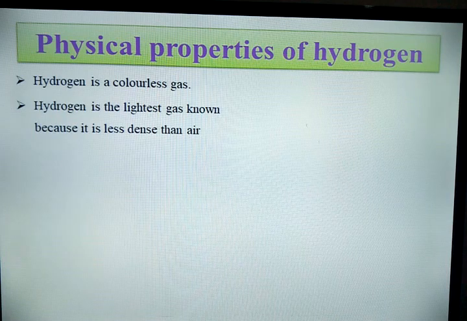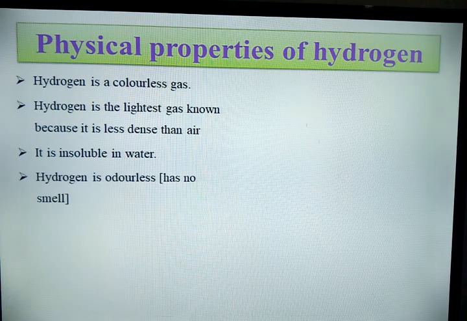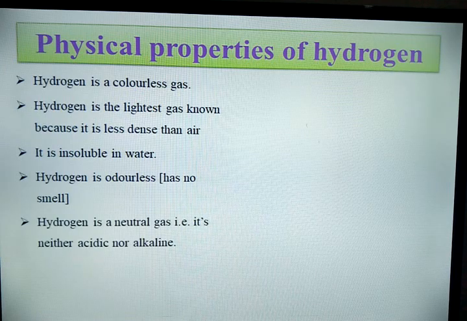Hydrogen is very light. That's why we even collect it by upward delivery when it is dry. This hydrogen is insoluble in water. That's why if we are not requested to prepare dry hydrogen, we can collect hydrogen over water. It has no smell.